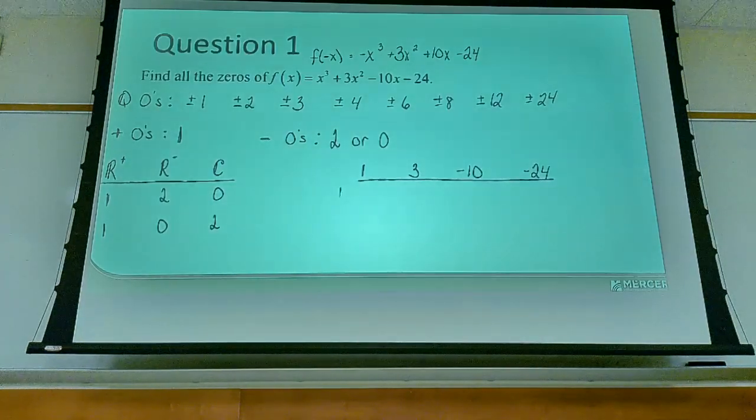Let's start with 1. One comes down, times 1 is 1, plus 3 is 4. Times 1 is 4, minus 10 is negative 6. Times 1 is negative 6, minus 24 is negative 30. That's not a 0.